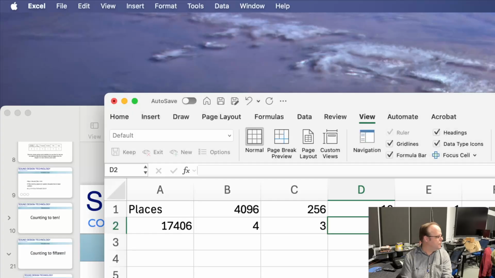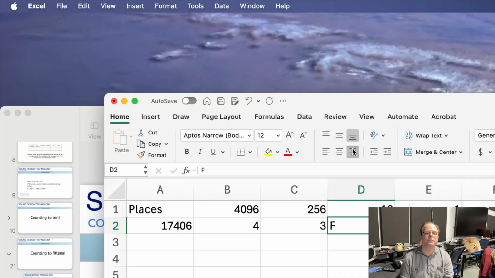So what do I put here for the 16s then? What digit do we use for 15 in hexadecimal? F. Right? That's 15 16s.